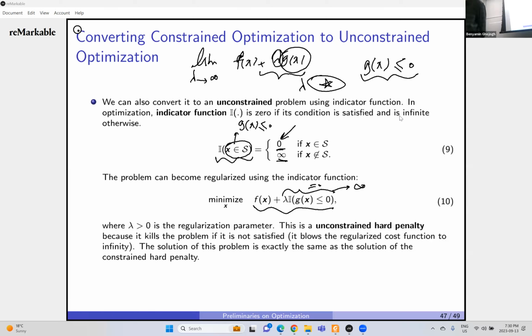Wait, so why would we use this compared to just the constraint optimization? Why do we use this compared to constraint optimization? Yeah. So there are optimization algorithms for solving constraint optimization problems. One of them is the interior point method. Those are in classical optimization, right?